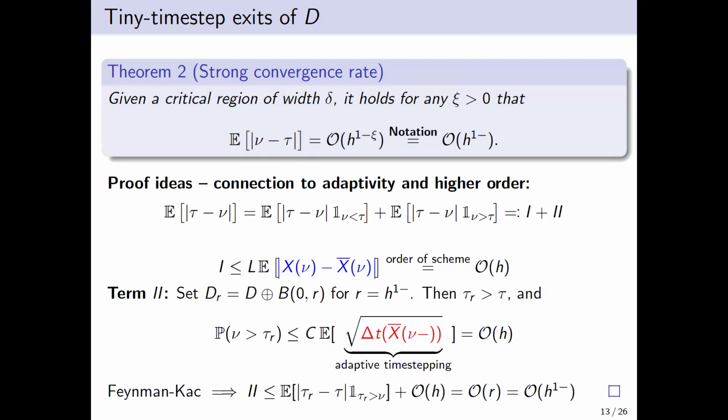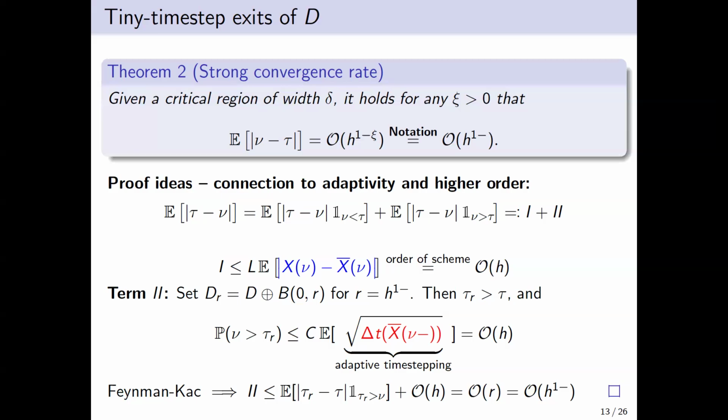For the first setting, with some calculations, I can bound this from above by some Lipschitz constant of the Feynman-Kac PDE times the difference between the true path and the numerical path at the numerical exit time. And this again I can bound just leaning on the order of my numerical scheme. So when I use a Milstein scheme, I get order h. If I use a higher order scheme, I get a better order. So that's the first term here.